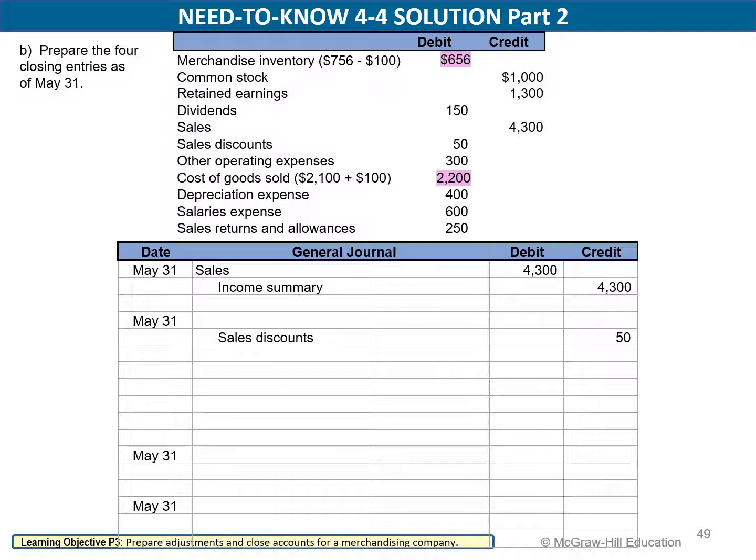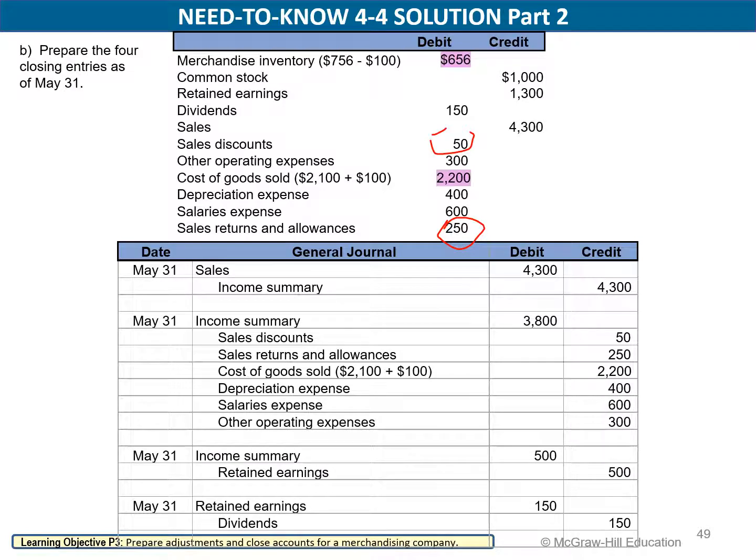Our sales discount has a debit balance of 50. So we're going to credit that to make it go away. Our sales return and allowance account has a debit balance of 250. We're going to credit that to make it go away. Cost of goods sold has a $2,100 balance plus the $100 that we recorded in the previous entry for shrinkage, right? So that $2,200 debit needs a credit to make it go to zero. And then all of our expense accounts, same thing. You credit all of your expense accounts, you debit income summary.